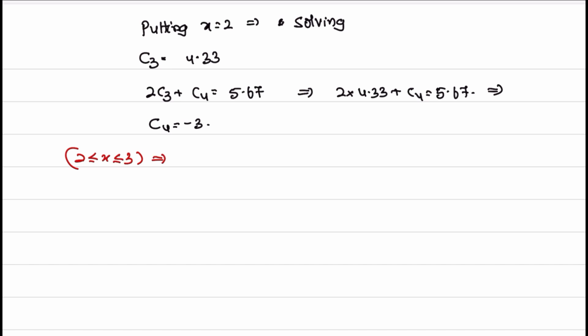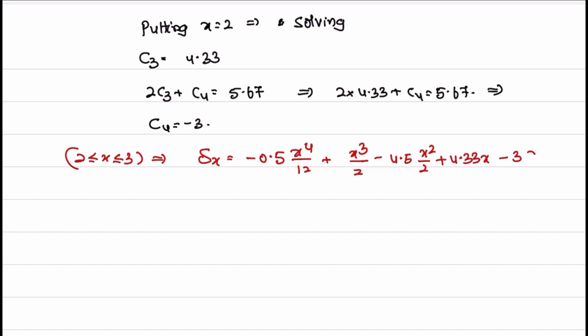For 2 is less than or equal to x less than or equal to 3, the deflection will be, what will be the delta x? Delta x is equal to minus 0.5 x to the power of 4 by 12 plus x cube by 2 minus 4.5 into x square by 2 plus 4.33x minus 3.